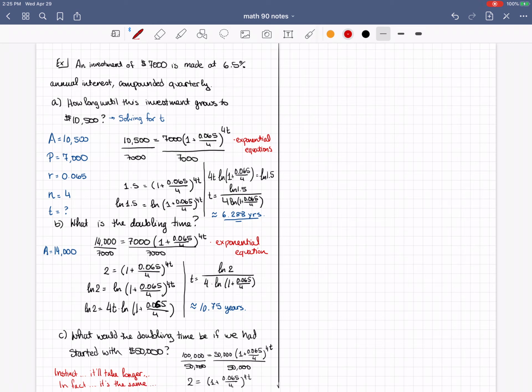So doubling time is not affected by how much you started with. Whether you start with $1, $7,000, or $50,000, and you're earning at 6.5% annual interest compounded quarterly, it'll take you 10.75 years to double.